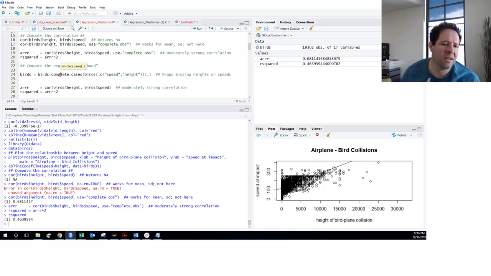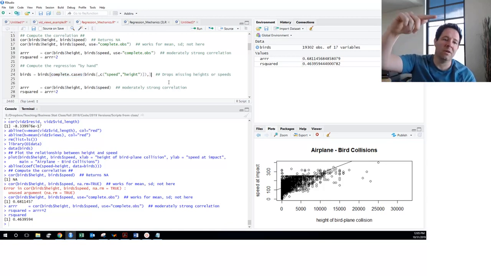Now, to alleviate the issue of having missings and having to use complete observations, what I'd like to do is drop any observations for which we don't have complete data. There's this function called complete.cases that applies to a data set, and it gives you TRUE if you have full information on the data, and FALSE if not.